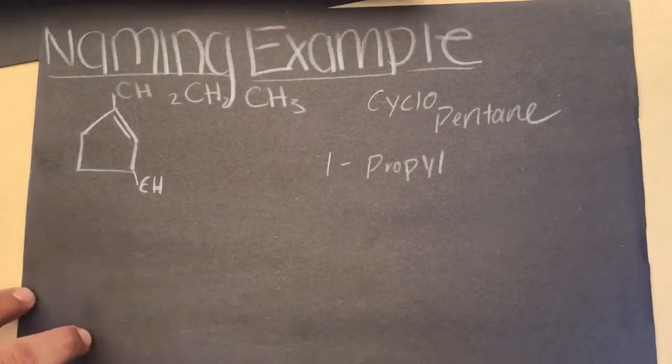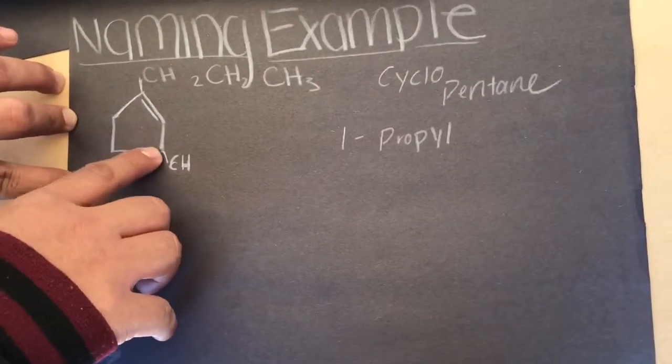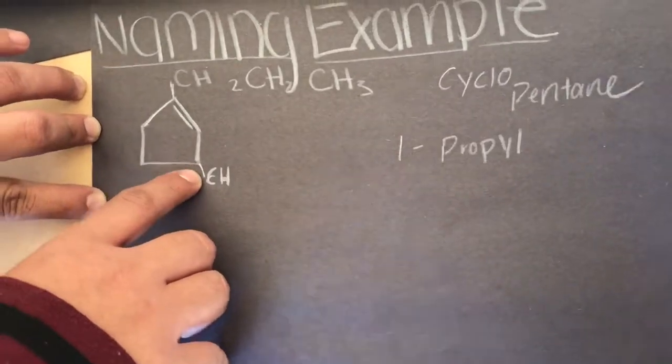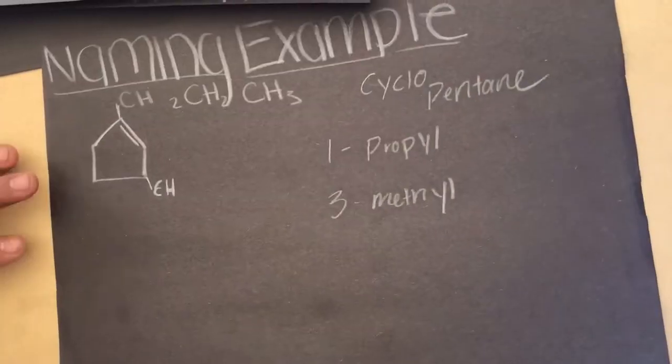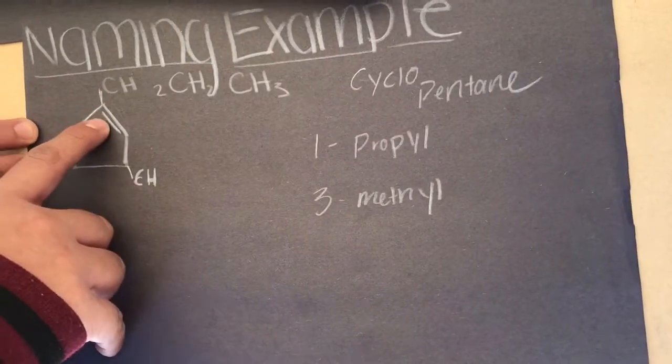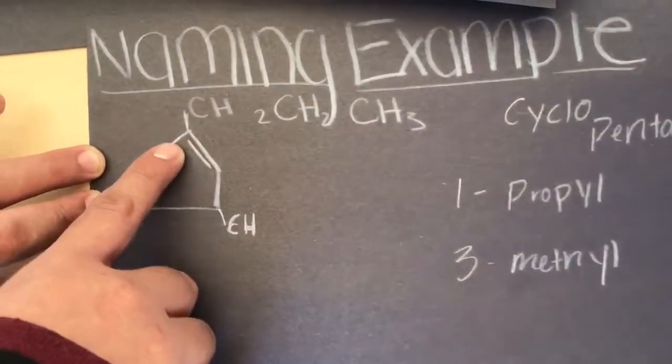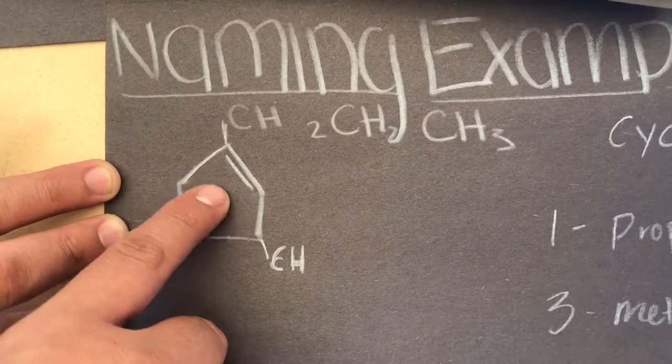And we look at number 3, and it has a methyl. So we look at this line that's right next to it, between 1 and 2.